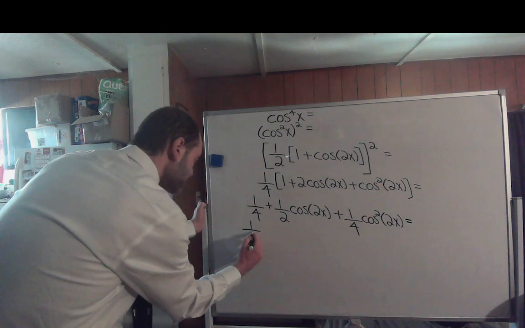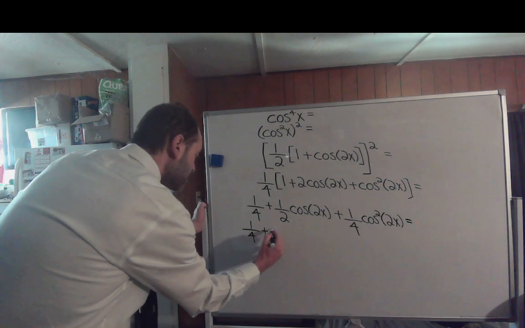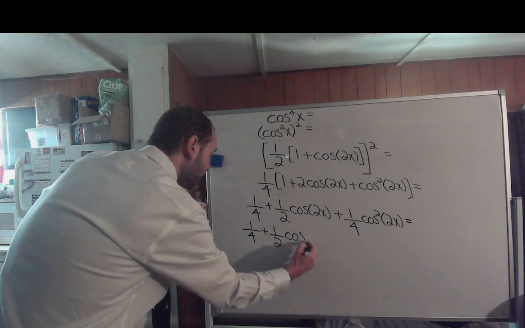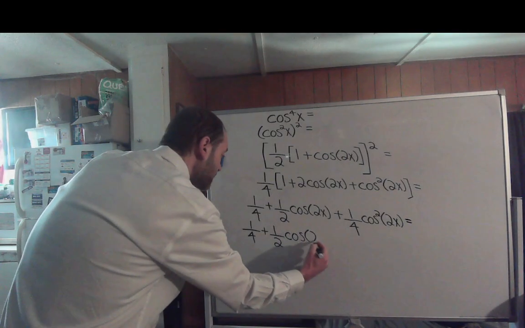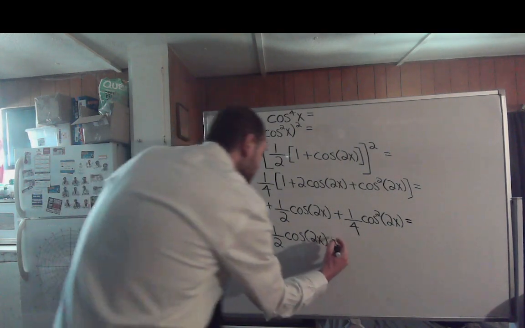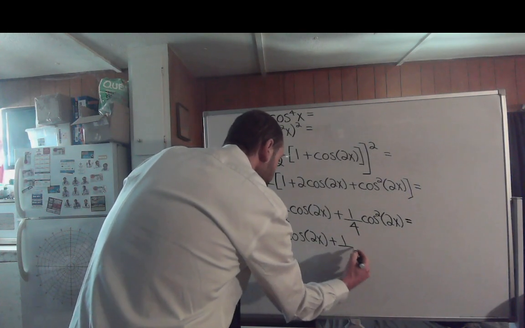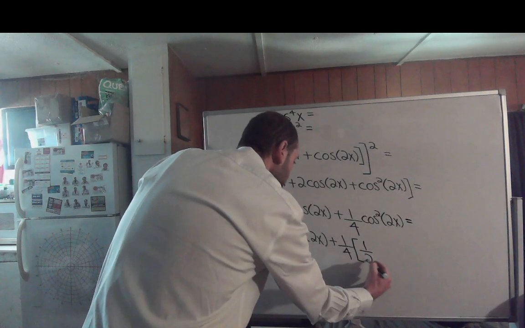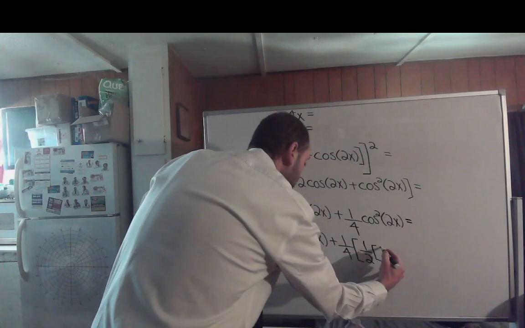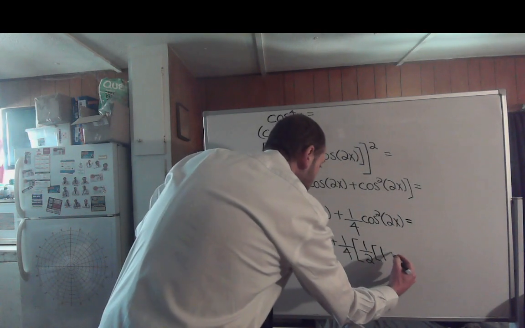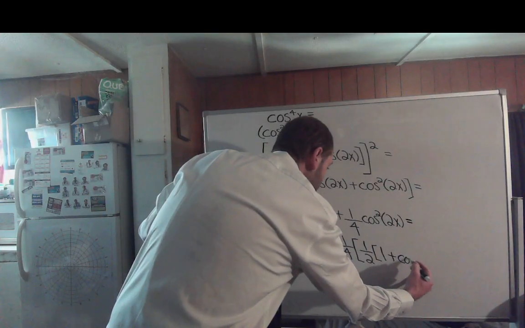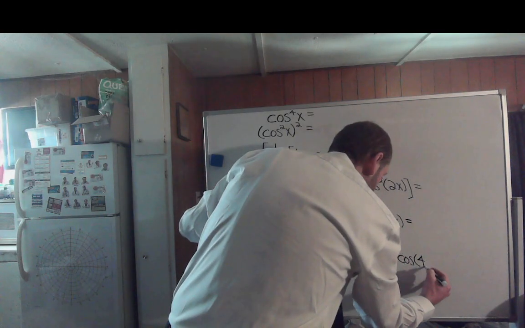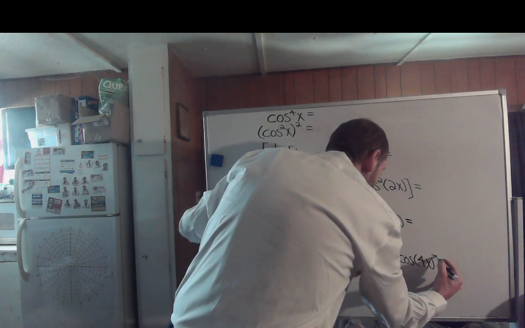So this would turn into 1/4 plus 1/2 of the cosine of 2x plus 1/4 times the quantity of 1/2 times the quantity of 1 plus this time the cosine of 4x, because if you add 2x and 2x you're going to end up getting 4x.